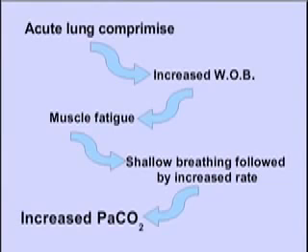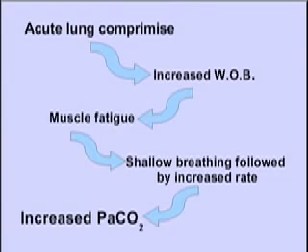Here's what happens to our patients. Patients come in with acute lung compromise, could be pneumonia. As a result, they'll have an increased work of breathing as their lungs don't exchange gases as efficiently. Enough of this might lead to muscle fatigue. And what happens when muscles start to get fatigued is you're unable to take as deep a breath.